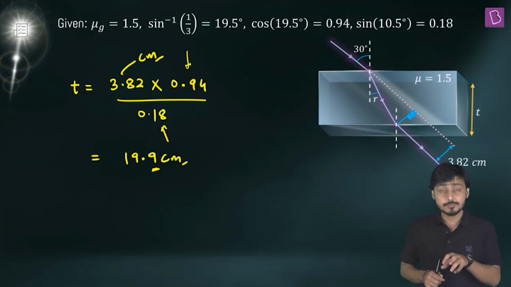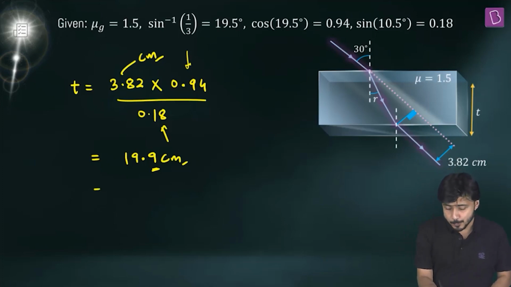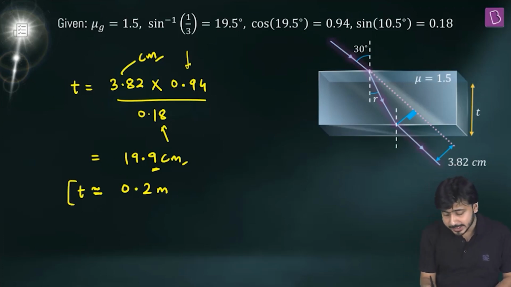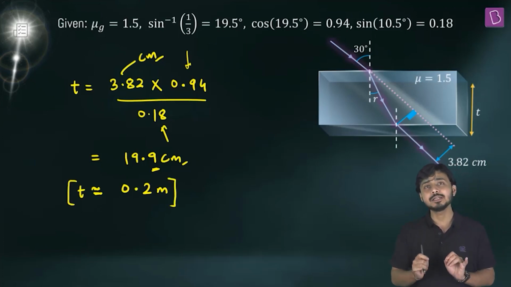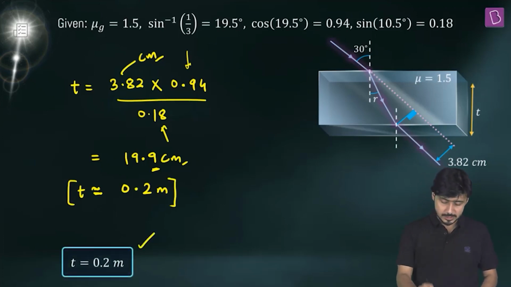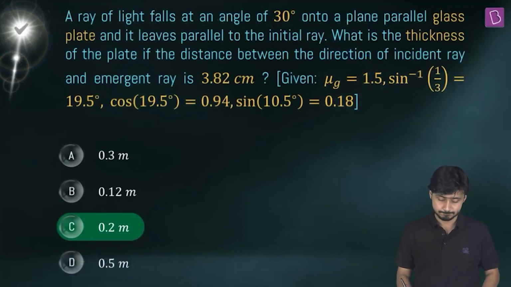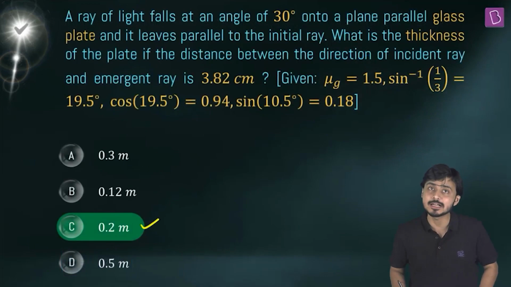Now if you convert that into meter, that's 0.199 meter, almost 0.2 meter. So the answer to this problem is that the thickness of the slab must be around 0.2 meters. Correct? T is equal to 0.2 meters. Let's look into the options. Option C in this case will be the correct option.